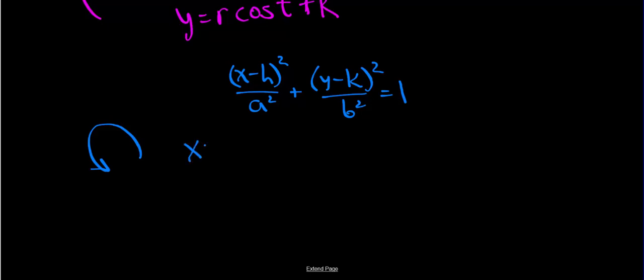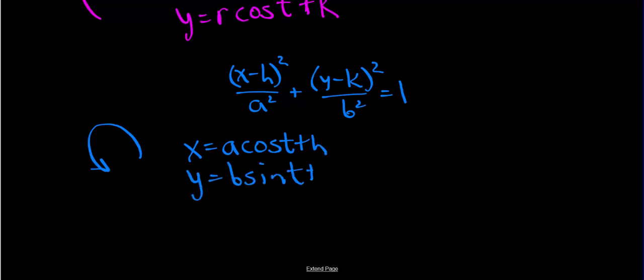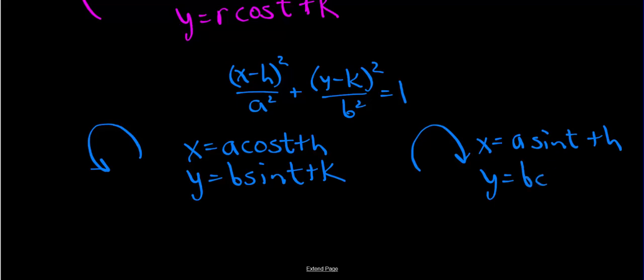Counterclockwise, x is equal to a cosine t plus h, y is equal to b sine t plus k. Clockwise, x is equal to a sine t plus h, y is equal to b cosine t plus k. Yeah, that's it.